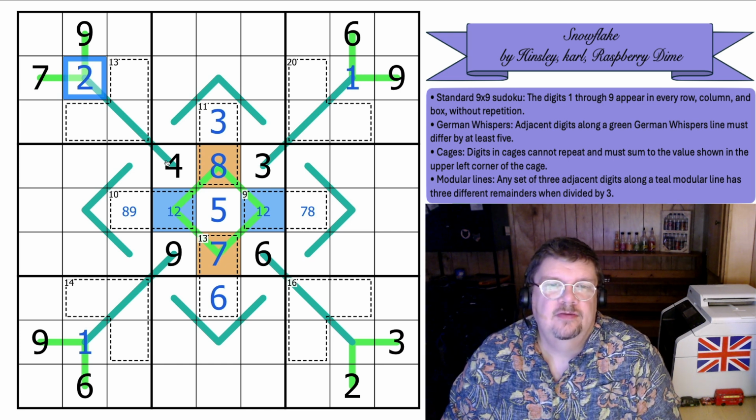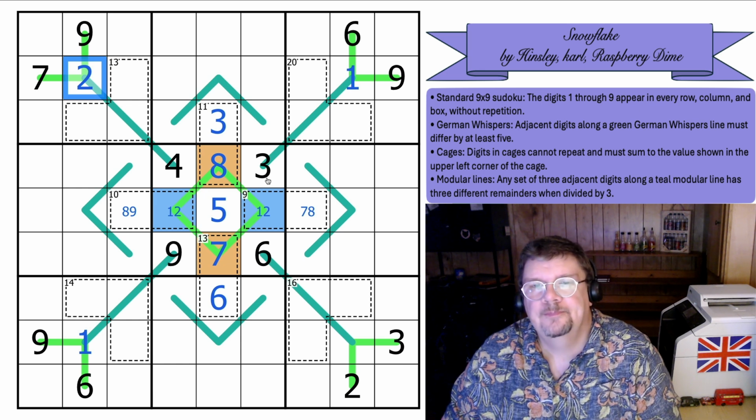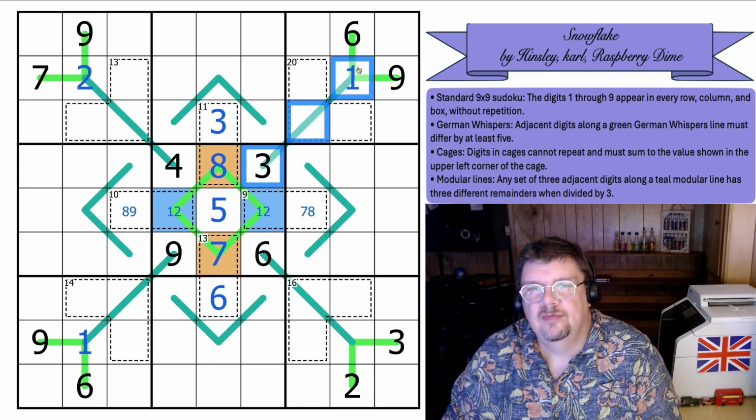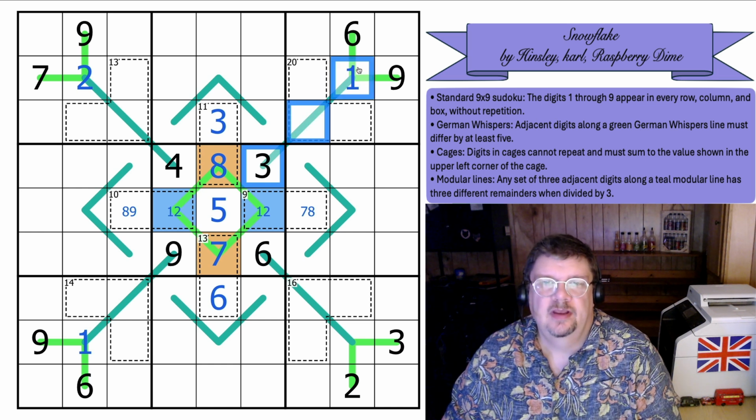next obvious thing I think is these modular lines. There we go, that's the word I was looking for. So we have a digit from the 147 set, and we have a digit from the 369 set, and we know that in any group of 3 we need one from each modular set.